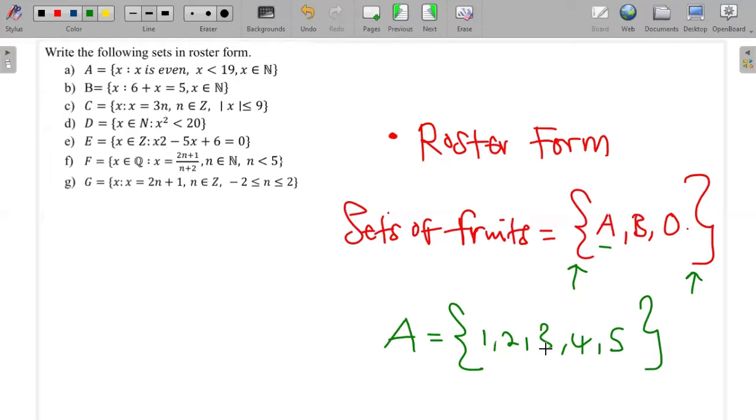Another way in which we represent a set is what we call set builder notation. The word should not scare you. Set builder notation simply means you are representing a set in terms of a description.